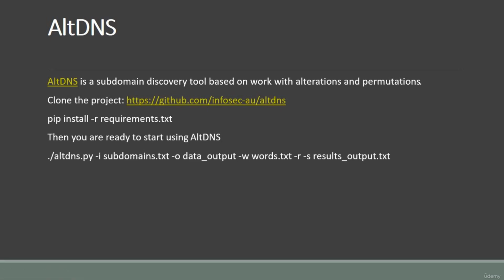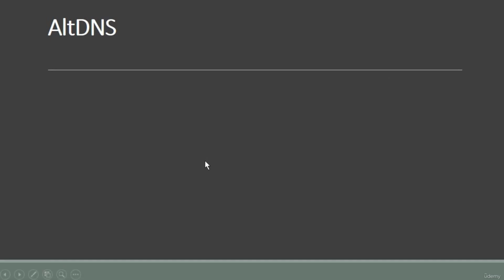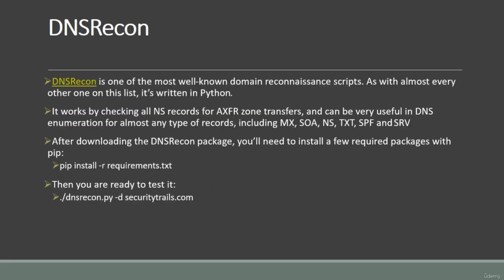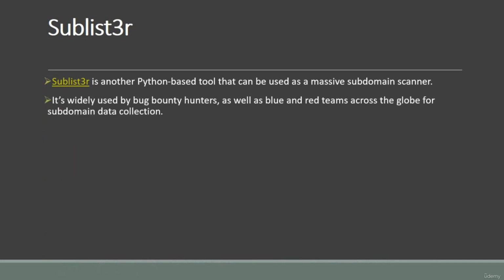So these are very well-known tools, and as a bug bounty hunter, I think you should use them at least once. You should be aware of how they work, and from where they are taking all the subdomains. So that's it in this video, and we'll talk about OSINT or maybe open source, from where we can find the subdomains. Till then, bye bye, take care guys.